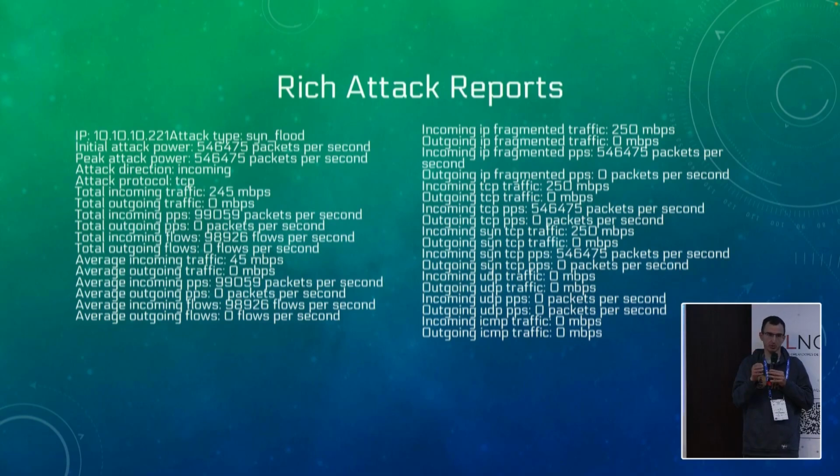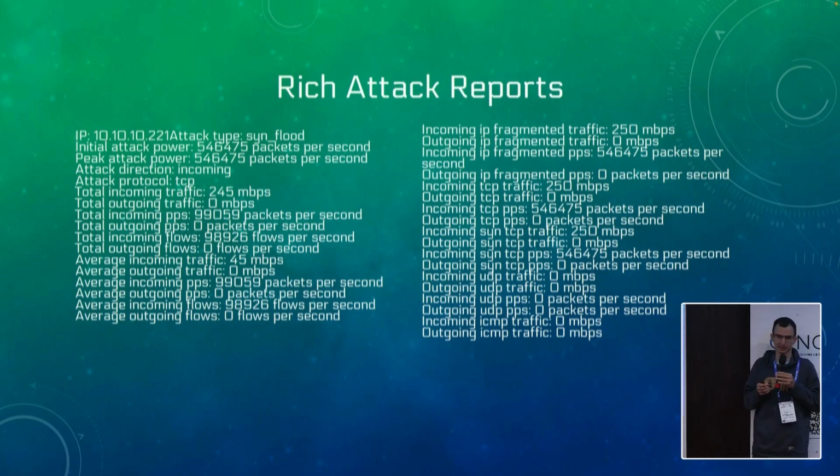We cannot block them one by one. But even if we could, the traffic is already here and our bandwidth is already saturated. Even if we block it, it doesn't change anything. That's why FastNetMon is not focused on blocking remote attackers. It's focused on finding out who the victim in our network is and blocking it.